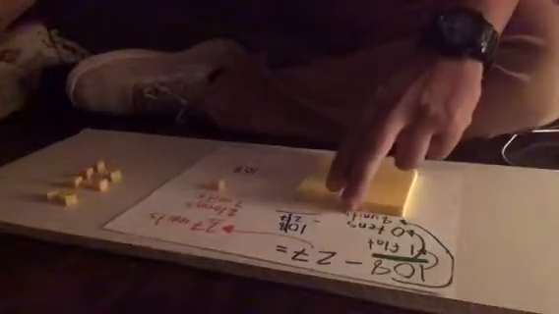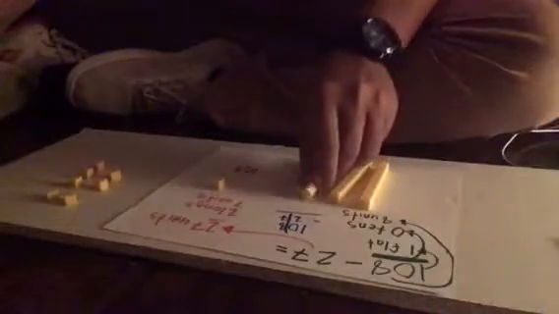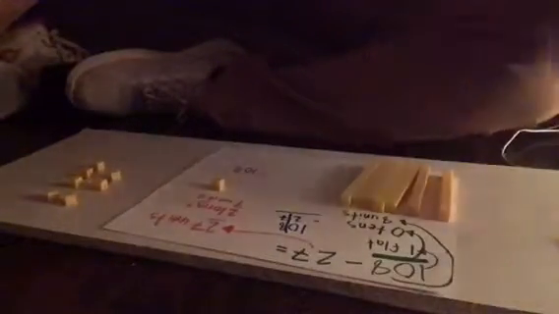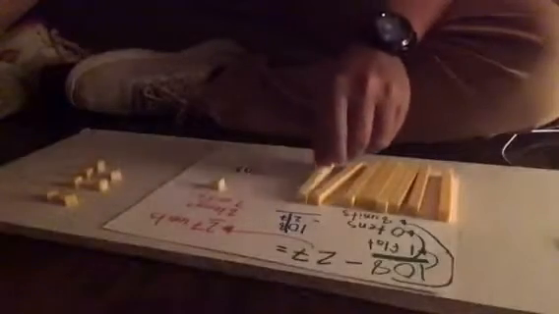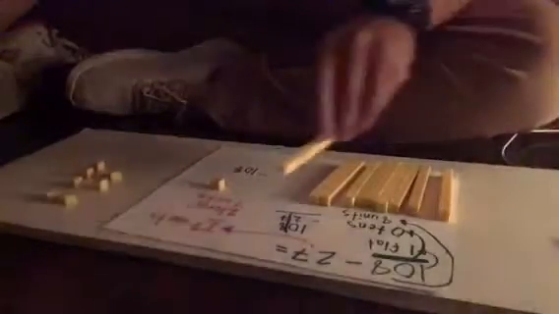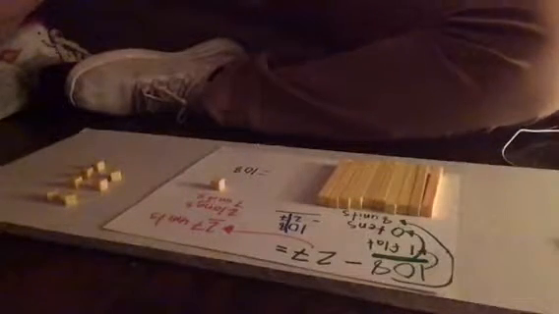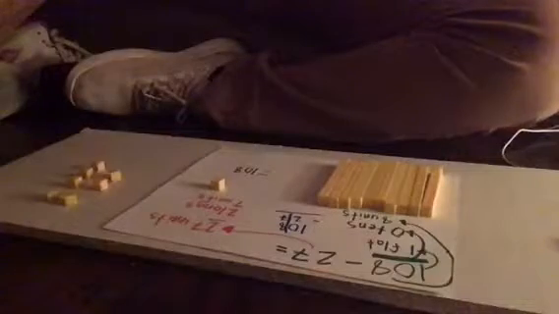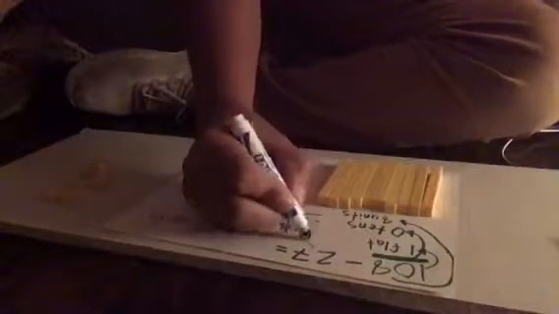So now that we know this, by trading or converting this 1 flat, I'm going to end up with 10 longs. 1, 2, 3, 4, 5, 6, 7, 8, 9, 10. So now that I have the 10 longs, I can come back to my equation and say I have 0 flats, and now I have 10 longs.